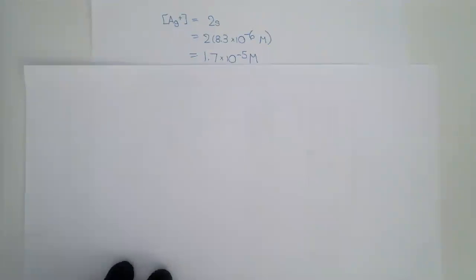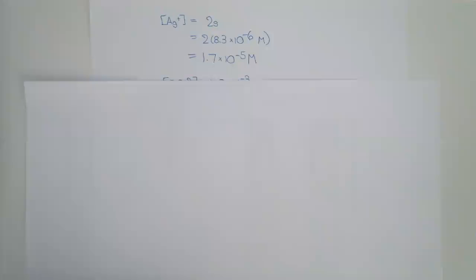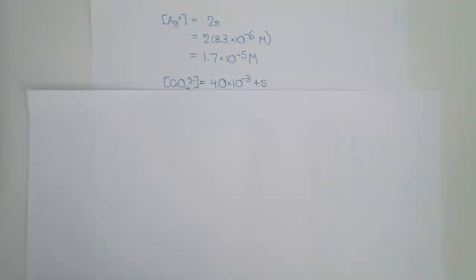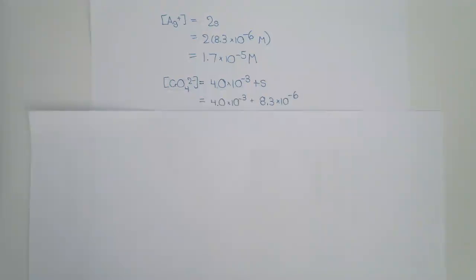For the chromate ion, it is 4.0 times 10 to the minus 3 plus s. So 4.0 times 10 to the minus 3 plus 8.3 times 10 to the minus 6 approximately equals 4.0 times 10 to the minus 3 molar.